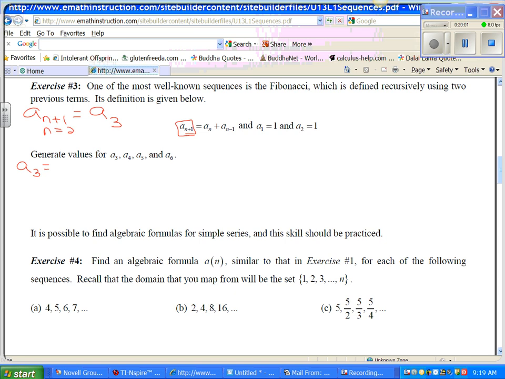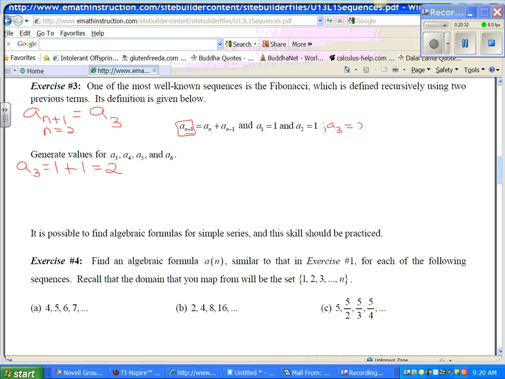All right, so the next step is we have equals A sub n. What's n? 2. So what's A sub 2? It's given to us. What's A sub 2? 1. Plus. What's n again? Okay, so A sub n minus 1, or A sub 2 minus 1, which is A sub 1, we get what? 1. So A sub 3 is equal to 2.